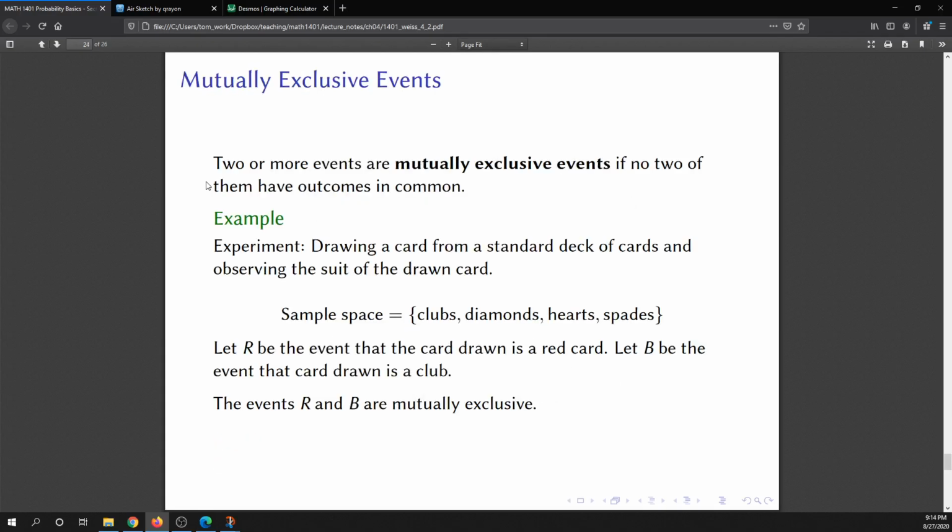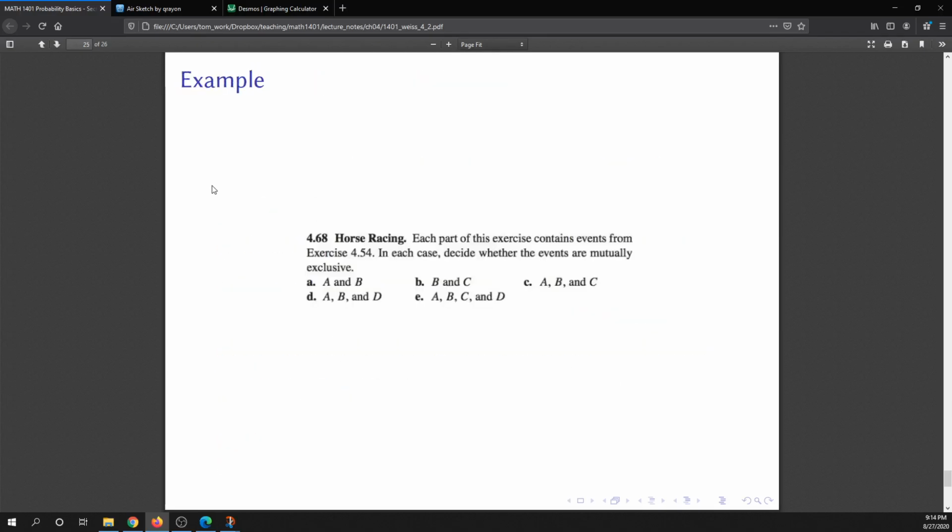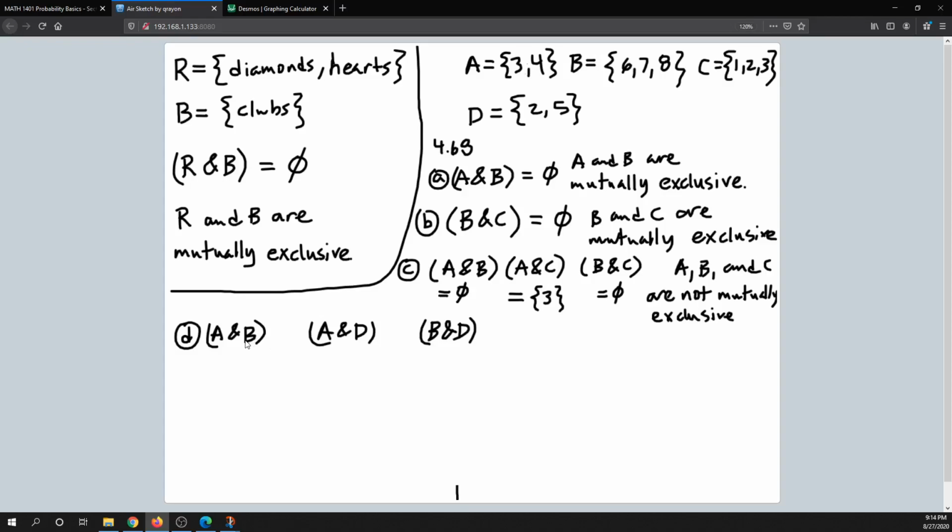All right, next up is D. So that's A, B, and D. In this one, we would have to look at A and B, A and D, and B and D. We want to know, are A, B, and D mutually exclusive?